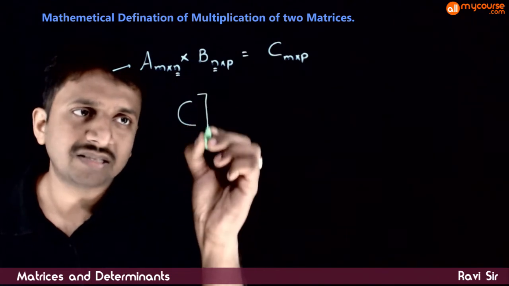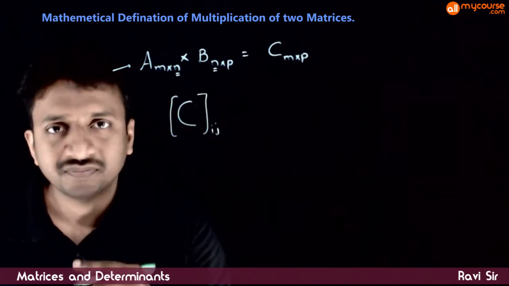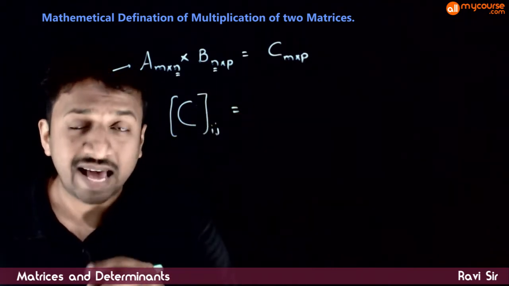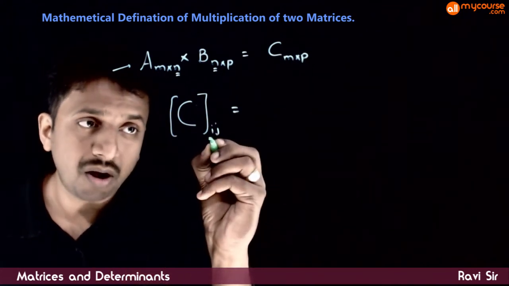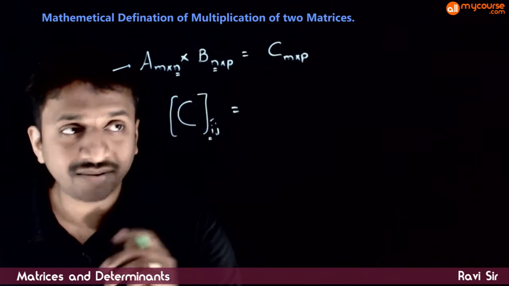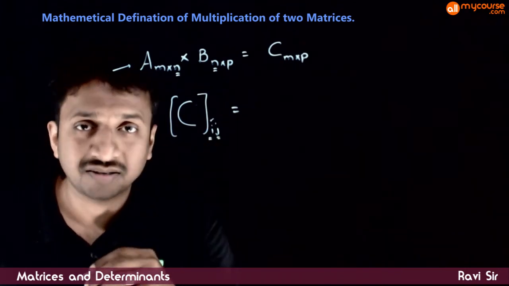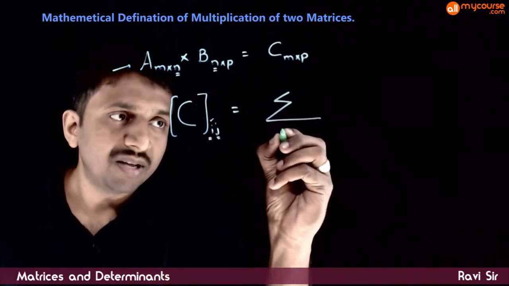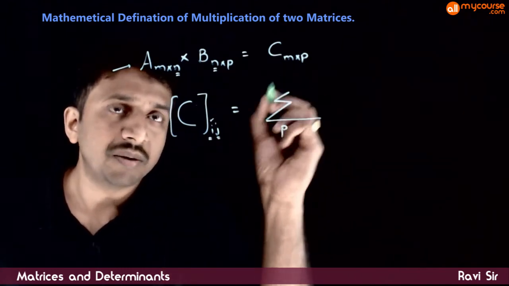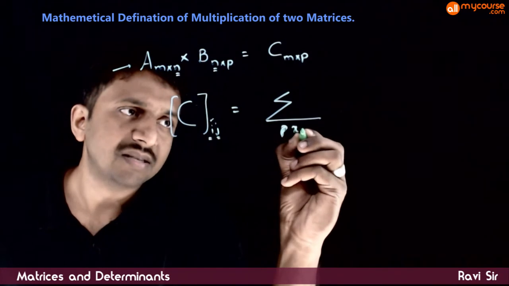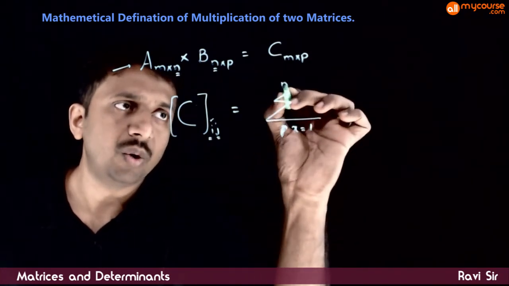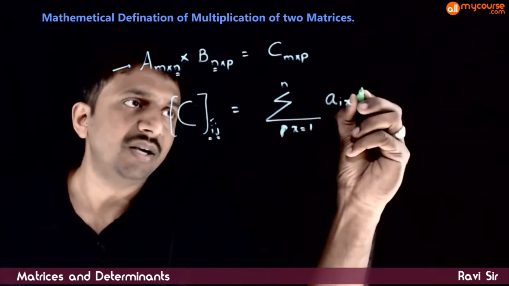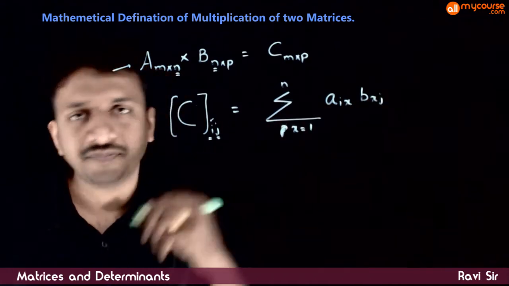In the product matrix, the ijth element of the matrix C is defined, as we have already seen, as the product of the ith row of the first matrix with the jth column of the second matrix, which is sigma, x goes from 1 to n, A ix into B xj.